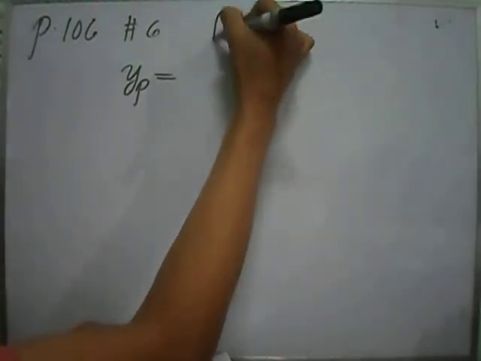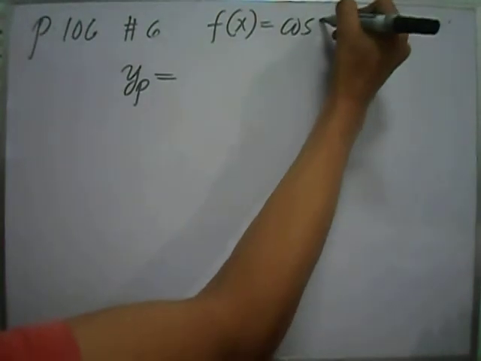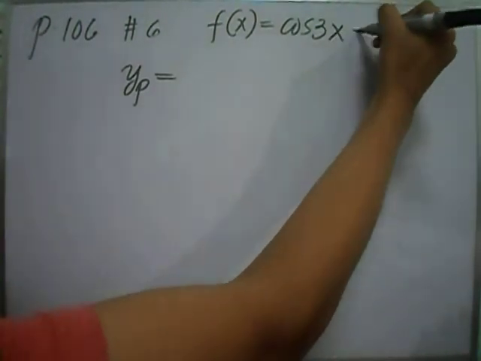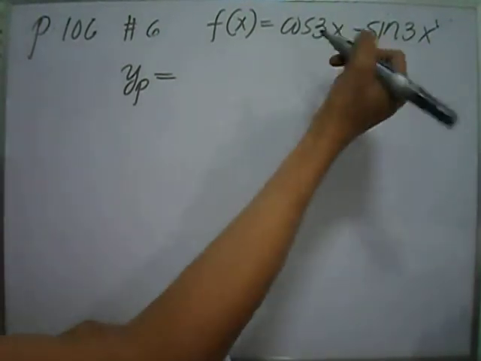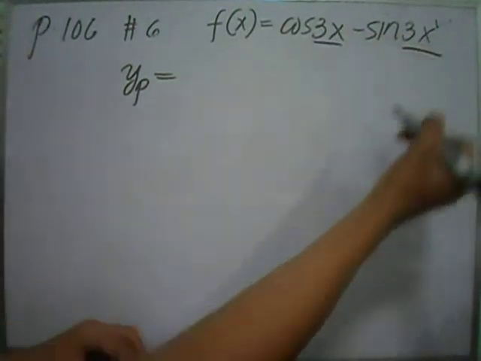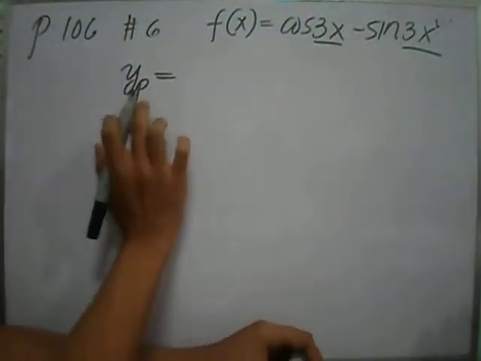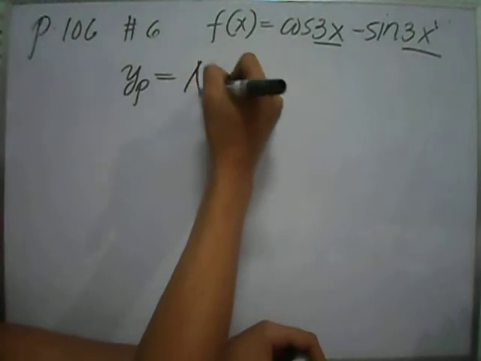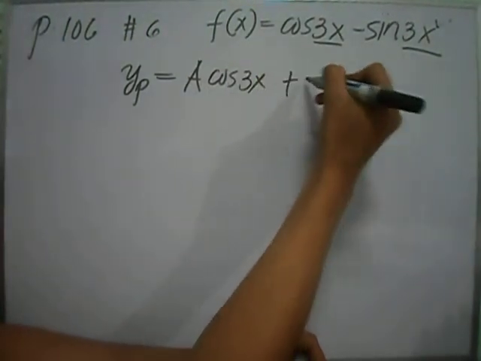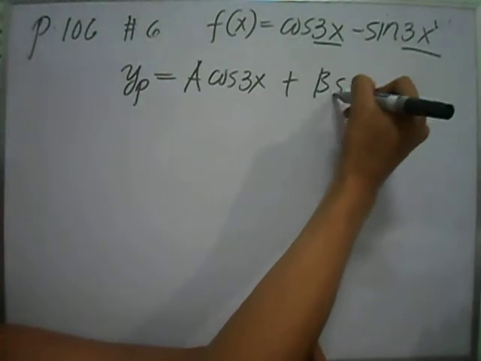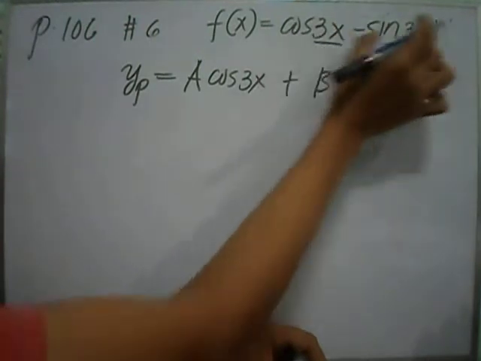Since we previously have f of x equals cos 3x minus sine 3x, and this has the same term inside the function, we can use a cos 3x plus b sine 3x, since this has two terms.